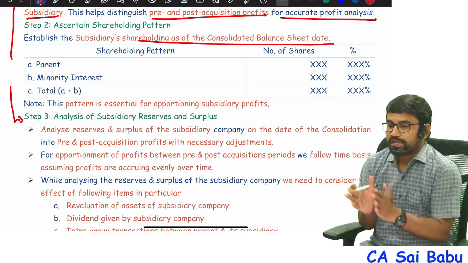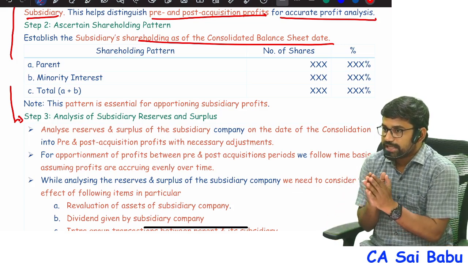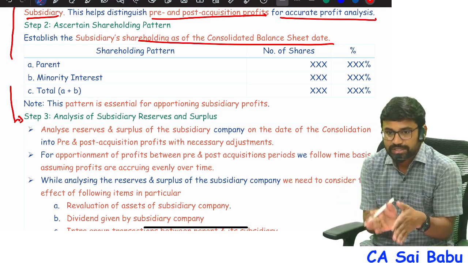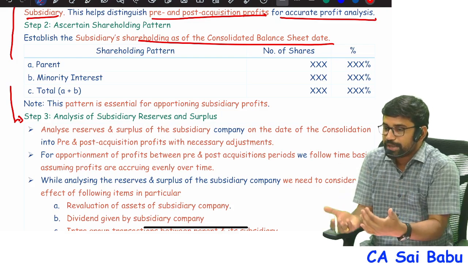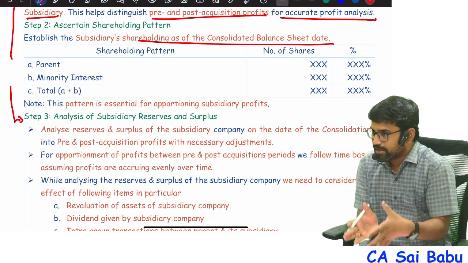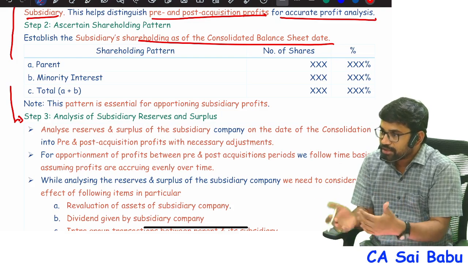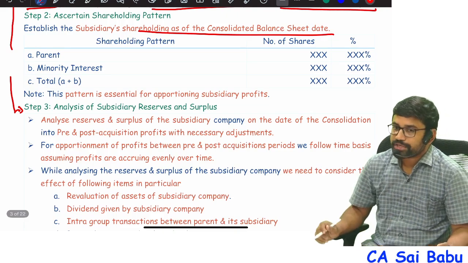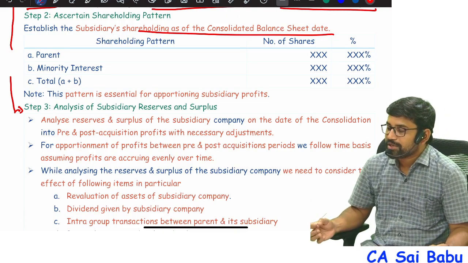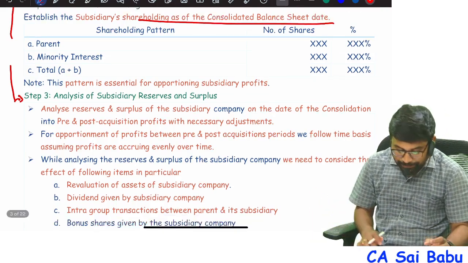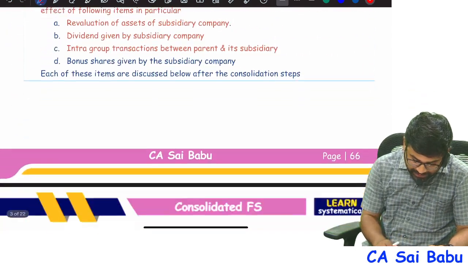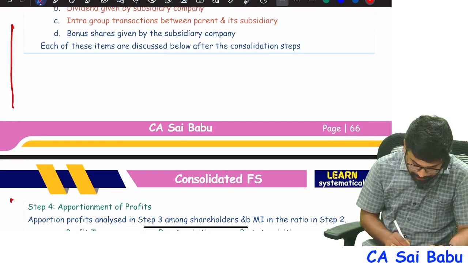Suppose you are preparing consolidated financial statements at the end of 31st March 2025. On that date, in the subsidiary company, how much percentage of shareholding is held by the parent company, and how much by minority interest? Why is this step important? Why do we need to calculate the shareholding pattern? Step number 2 is linked with step number 4.